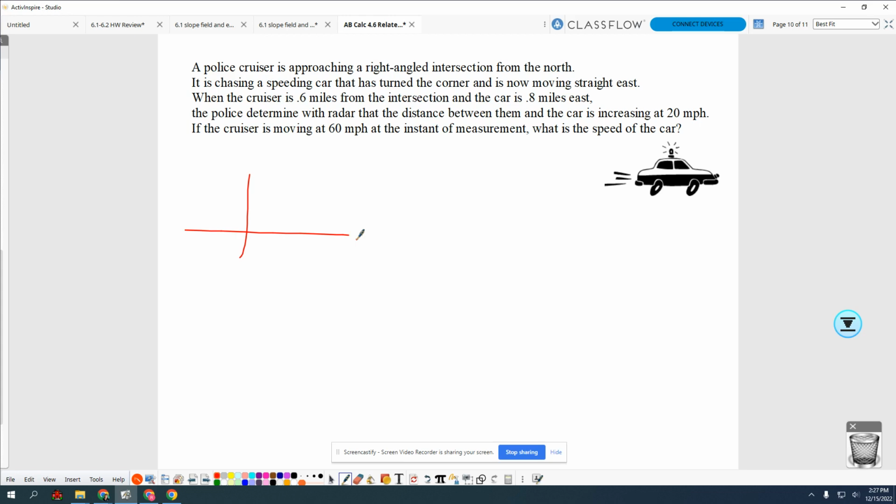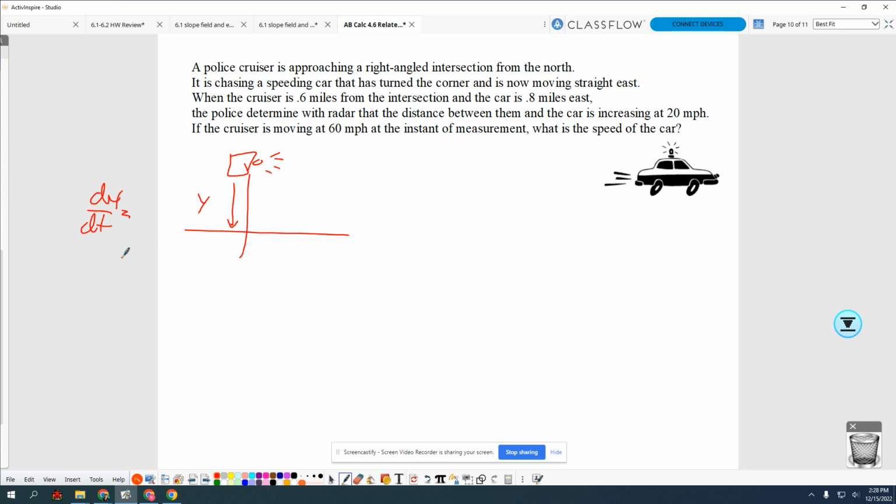So it's coming from the north. Which way is that? So here's Mr. Cop Car. Is it going down or is it going up? Down. Okay. So this is some y value. Is dy dt positive or negative?